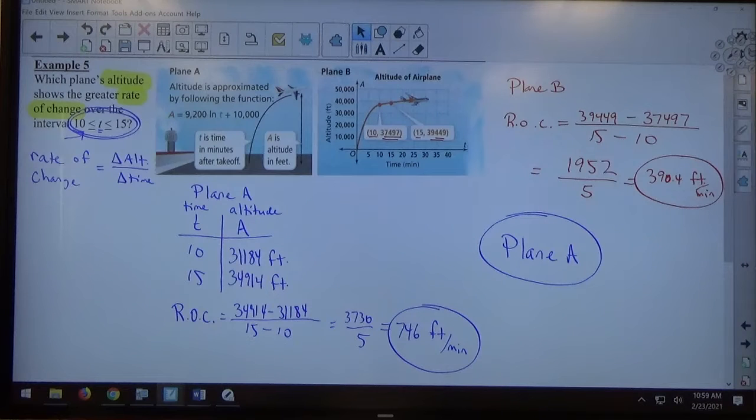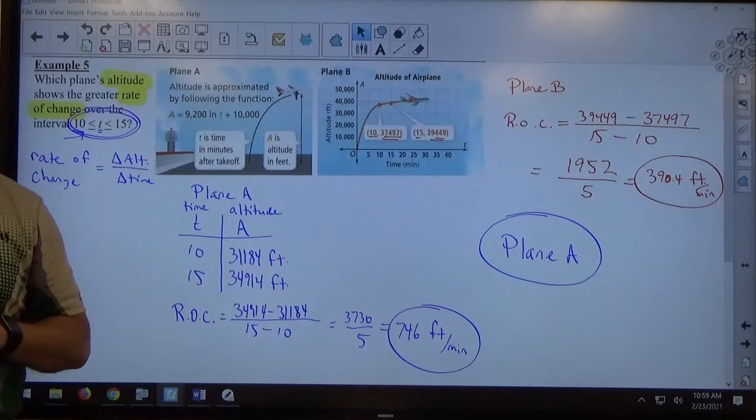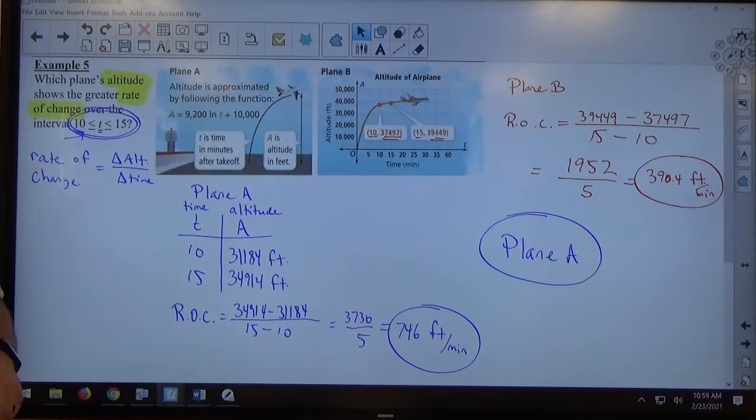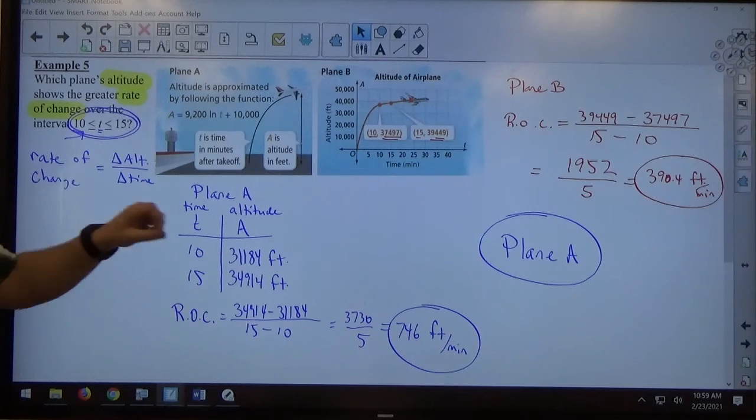So I would expect in a problem like this, show all the work necessary to determine what they're asking you to find. But again, anytime they ask for rate of change, that's how you do it. How much did Y change over how much did X change in your ordered pair structure? Get correct units on whatever rate of change you're dealing with based on the units of these things: altitude, feet, time, minutes, feet per minute.